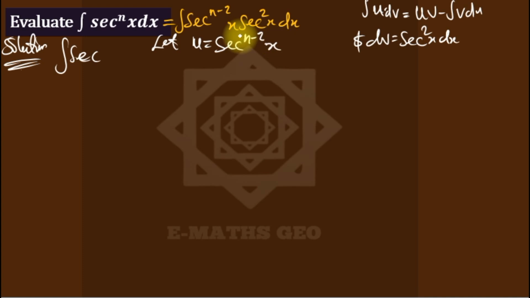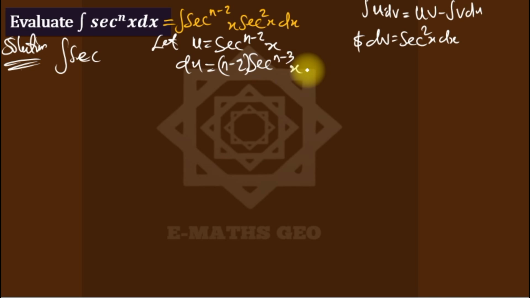So the remaining is dv. Because we're going to get du and v from these two. So du is n minus 2 sec to the power n minus 3 x, and the derivative of sec is tan, so we have tan x sec x dx.